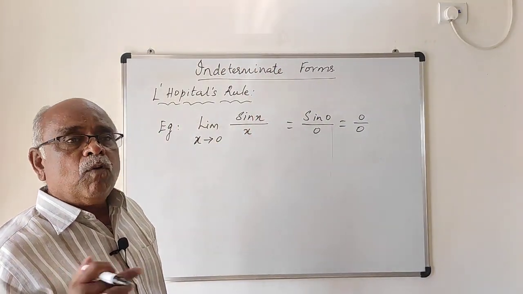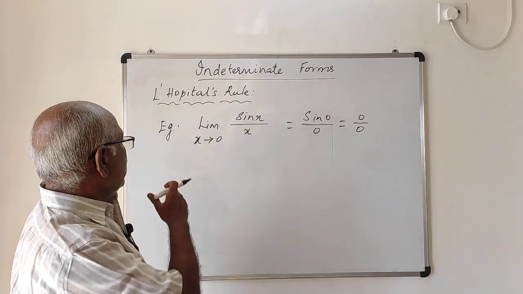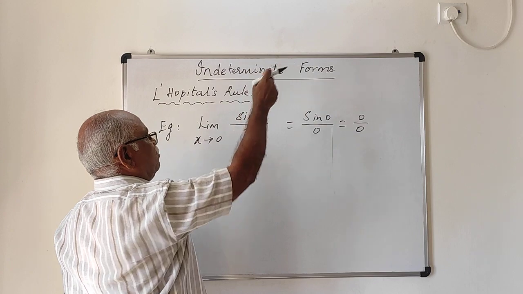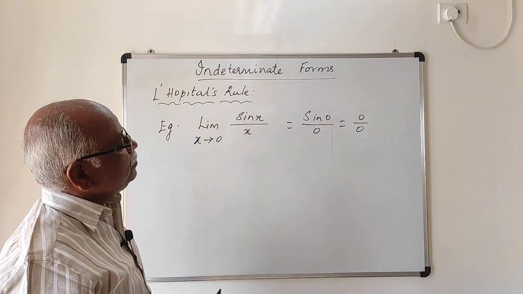There are some indeterminate forms in mathematics. While evaluating certain limits, you come across these indeterminate forms. What are the indeterminate forms?